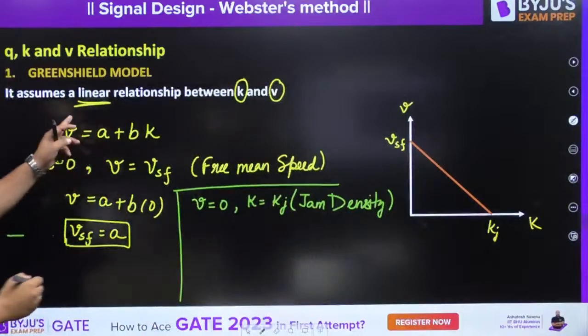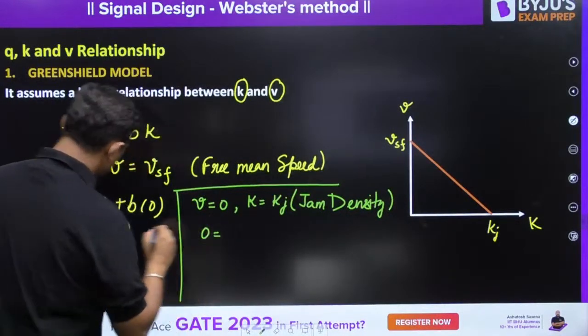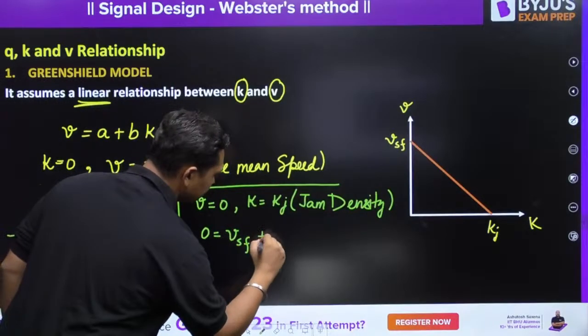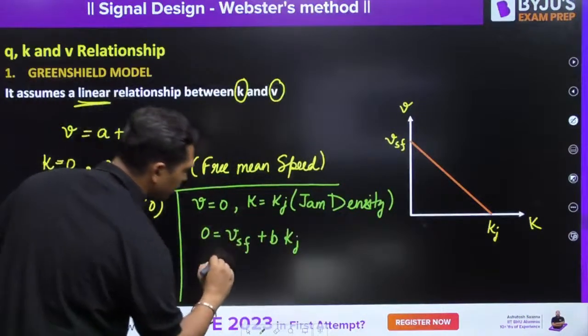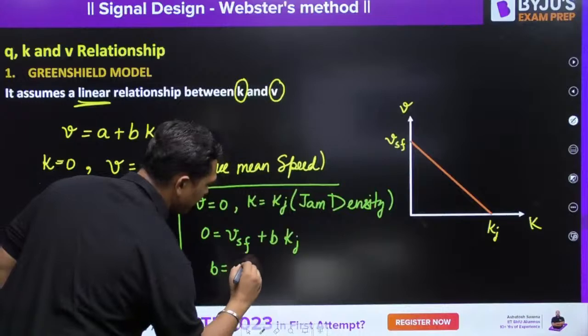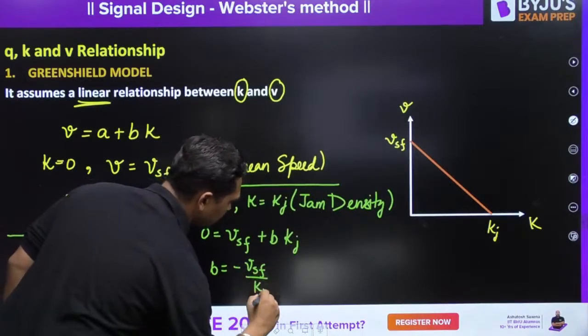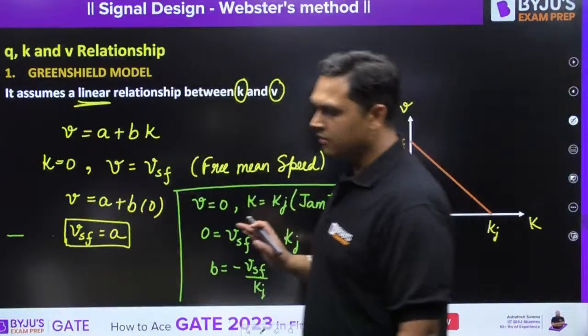So substituting this over here, when V is equal to 0, A value is Vsf plus B times Kj. So from here B will come out to be equal to minus Vsf upon Kj. Any doubt to anyone? Any doubt up to this point to anyone?